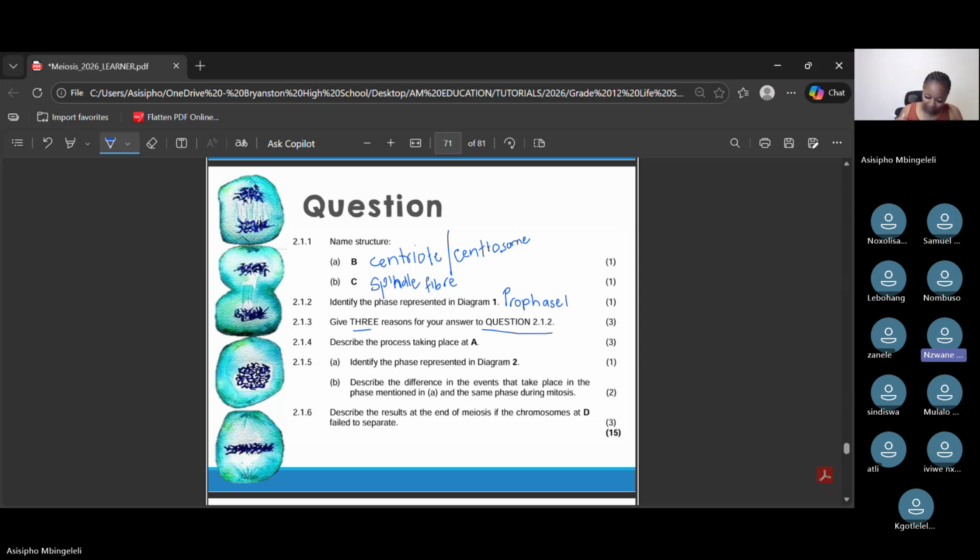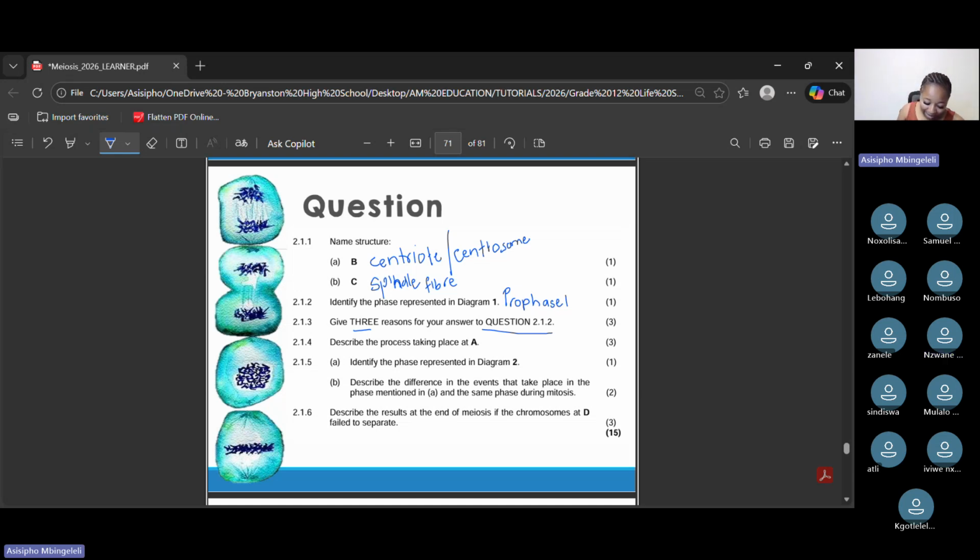And then the second point that I said is that crossing over takes place. Oh, wait, no, sorry. I rewrote that twice. The centrosome splits and the 2 centrioles move apart to form the spindle fibers. That was my second point. Okay, let's start over. I just want to confirm.